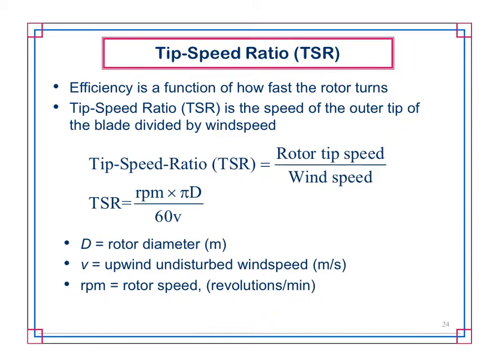So this idea of tip speed ratio is a control parameter where you control the turbine based on the rotor tip speed, which is a pretty easy calculation. Once you know the angular velocity, you multiply by the length of the rotor, and you have the rotor tip speed relative to ground. Then you divide by the wind speed, and that gives you your tip speed ratio. And here is the formula in terms of your diameter, your wind speed, and the RPM of your blades.